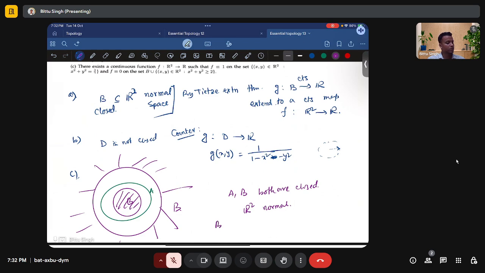So by Urysohn lemma, there exists a continuous function f from R2 to R such that f restricted over A is 0, and f restricted over B is 1. A, B both are closed sets. The disjoint condition is also needed. Otherwise, we may not expect it.